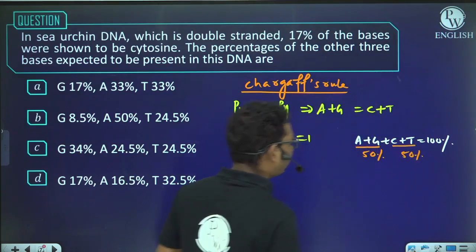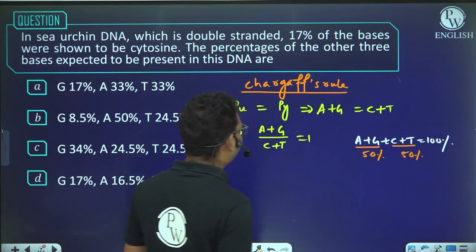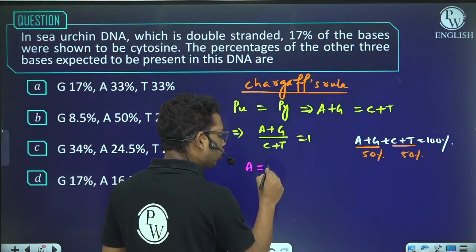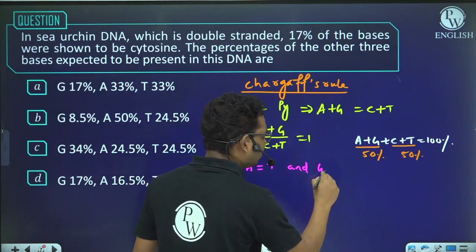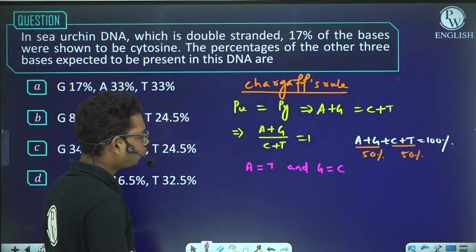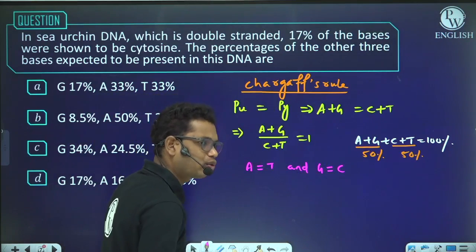And Chargaff's rule also says that the amount of adenine in a DNA is equal to the amount of thymine, and the amount of guanine in the DNA is equal to the amount of cytosine. Okay. So this is about the number, not the hydrogen bond.